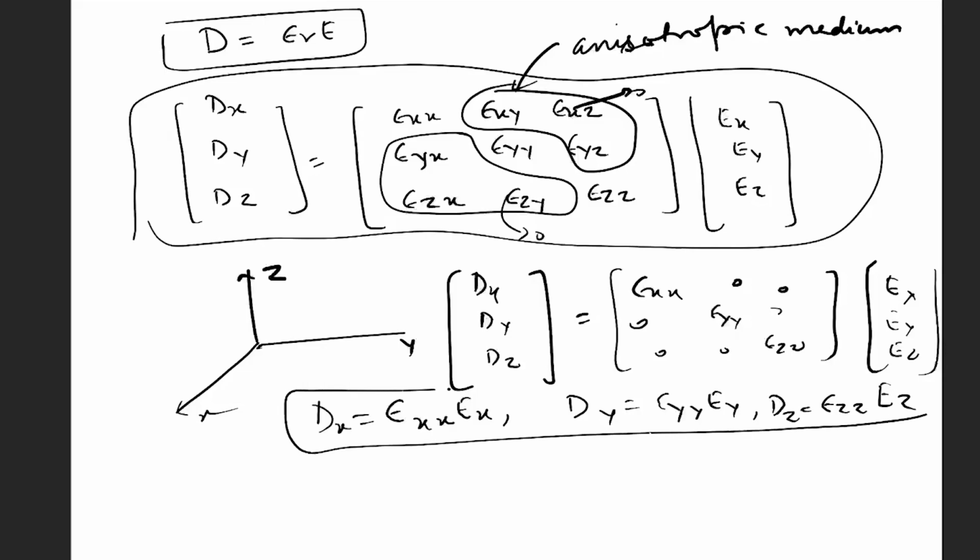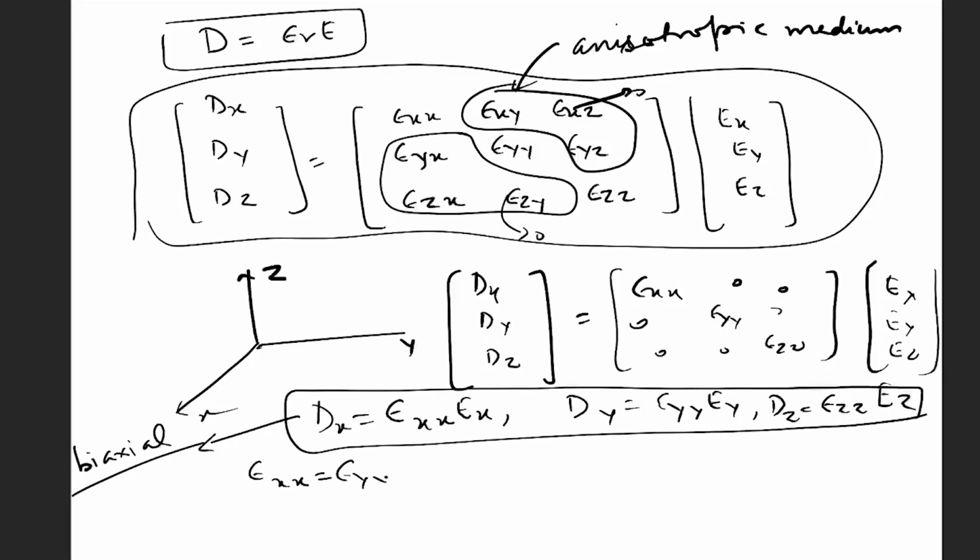Now this kind of medium is of course anisotropic, but it is called a biaxial medium. Now in a case when this epsilon xx is equal to epsilon yy, in that case the medium will be uniaxial.